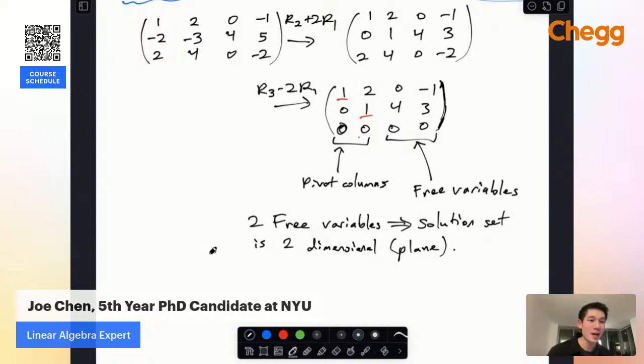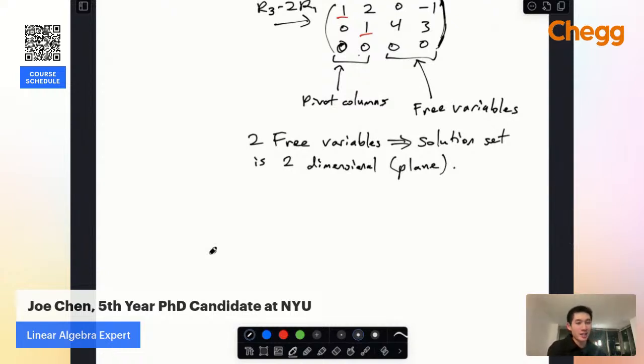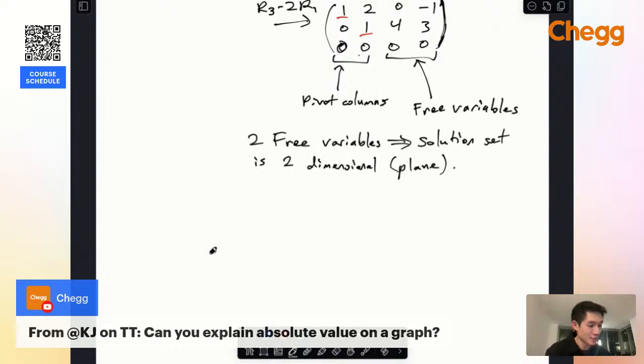Okay, I see a question in the chat from TikTok from KJ. Can you explain absolute value on a graph? I would say that's not exactly linear algebra, but I can say something about it because it is related in a sense. If you have an equation like y equals absolute value of x, what does the absolute value function mean?